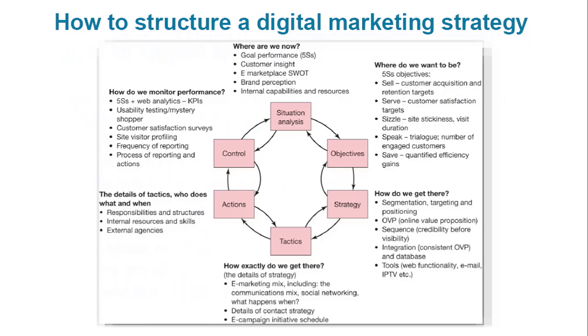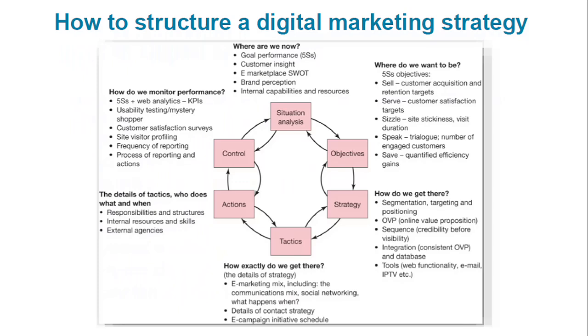Of course, you need to sizzle, kind of have some traffic to our website, maybe understand the visit duration. Of course, speak. Use different ways of communicating to your customers so that you can engage them in what we refer to as dialogue. And of course, save: quantified efficiency gains, implement some kind of reviews, and so on.